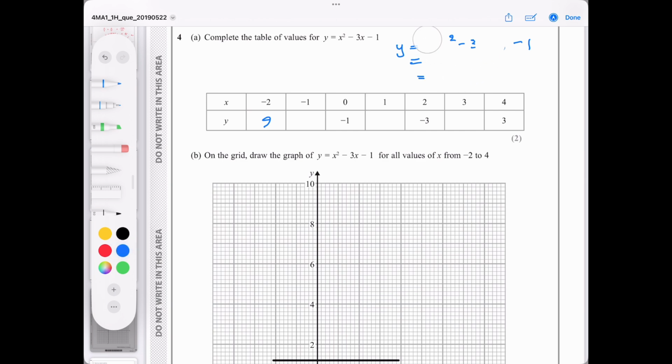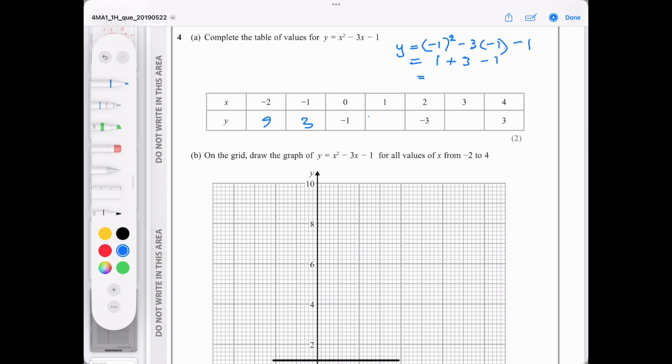Okay, so now we've got -1 squared minus 3 times -1 minus 1. Okay, so that's -1 squared is 1, -3 minus 1 is +3 minus 1, so that's going to be 3, isn't it? You can tell because there's a balancing out.